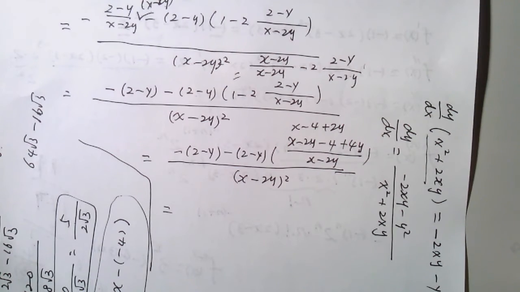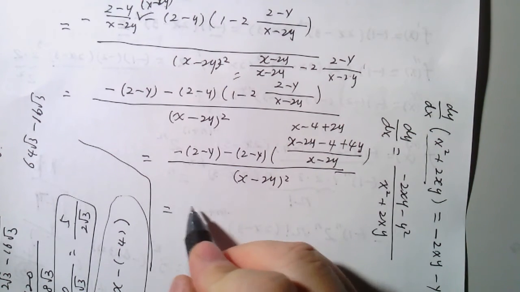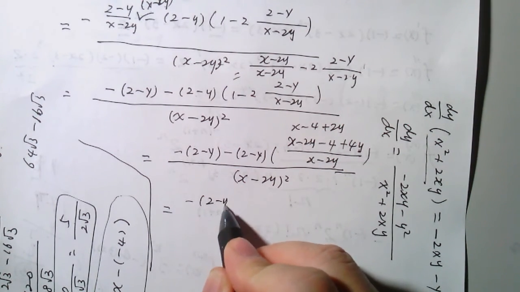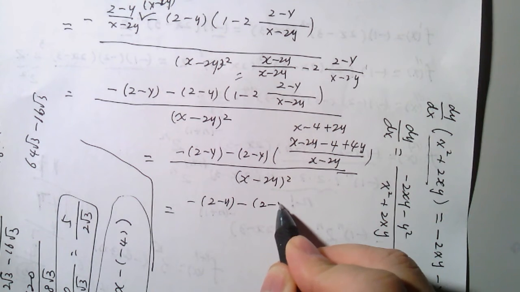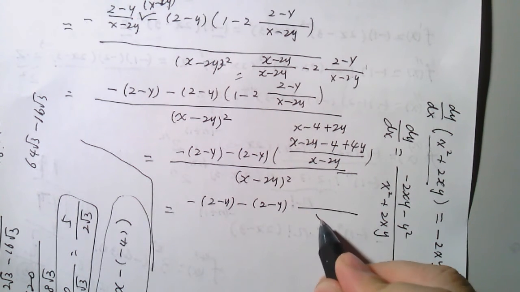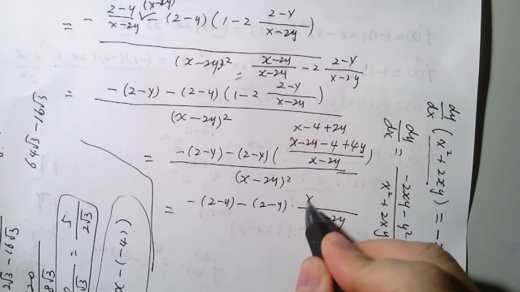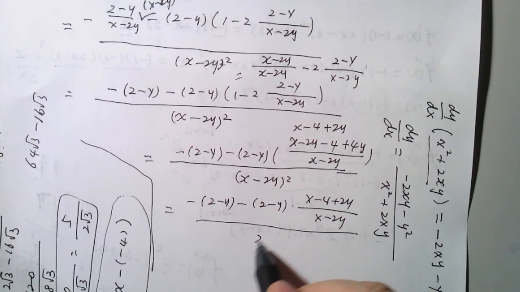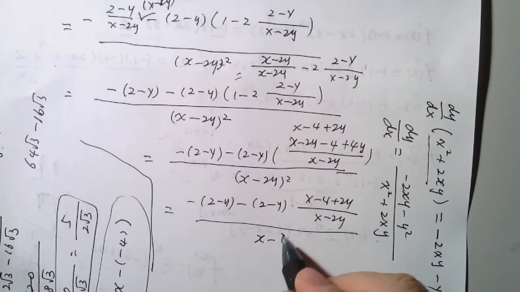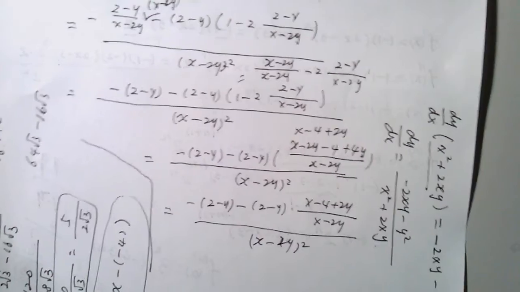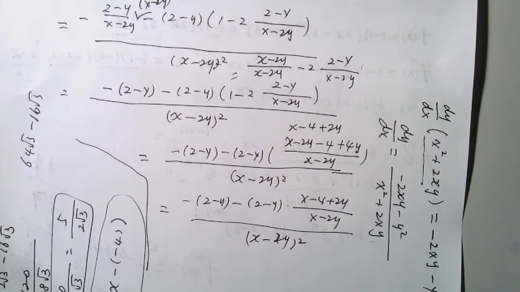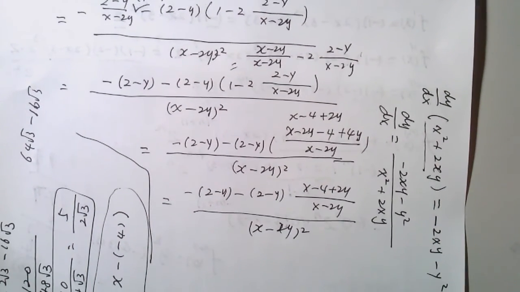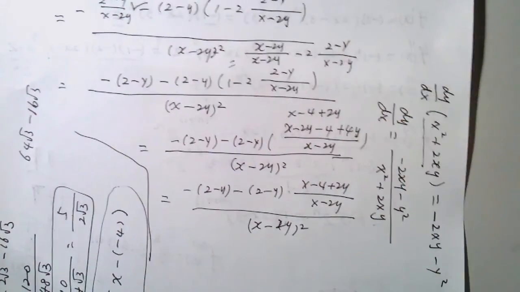So finally, you have negative (2 minus y) minus (2 minus y), and (x minus 2y), x minus 4 plus 2y, and divide by (x minus 2y) squared. So now all I need is to simplify this part.